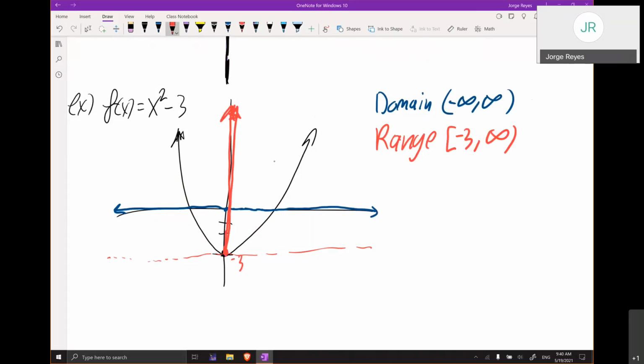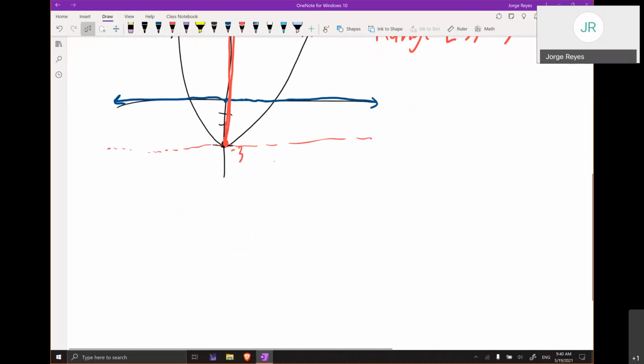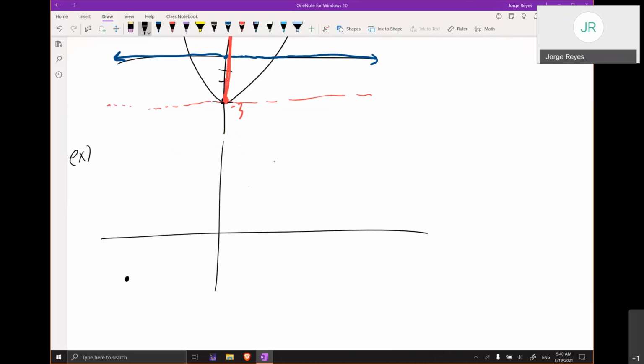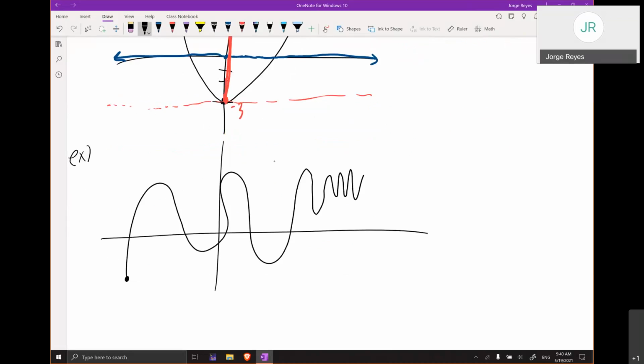And then let me just make up some really weird example. I don't know what this function is. I'm just making it up. So it's going to go like this. It's really weird here. And then just, boom.